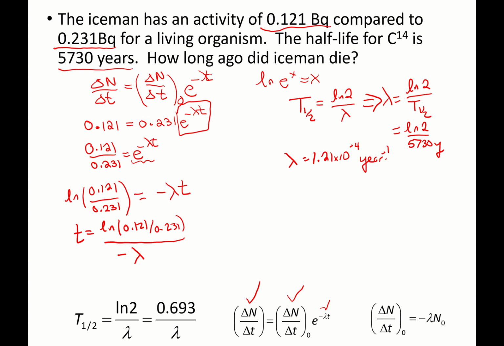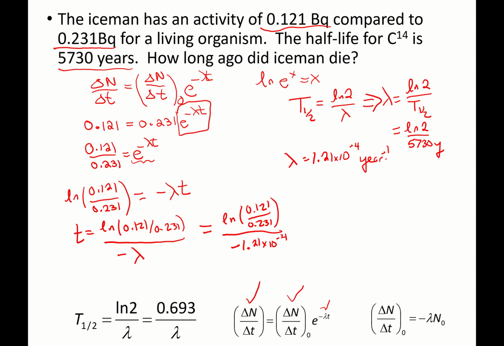So now our lambda is in units of per year, so that means that the time I get when I put my number in down in my equation at the bottom is also going to be in years. So I'm going to take the natural log of 0.121 over 0.231, which is going to give us a negative number. Natural log of anything less than 1 is going to be negative, divided by negative lambda, minus 1.21 times 10 to the minus 4.